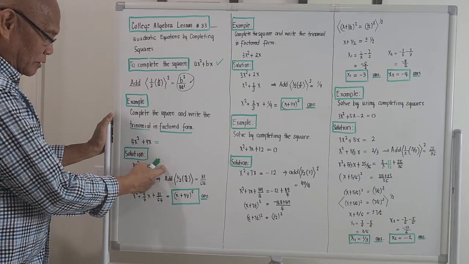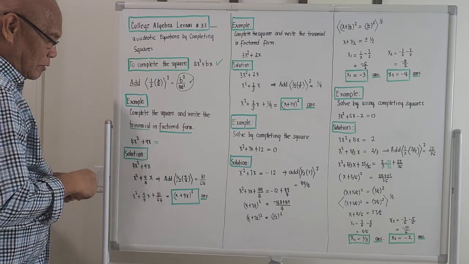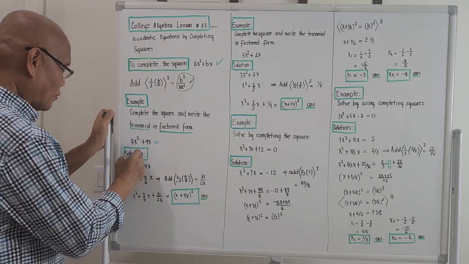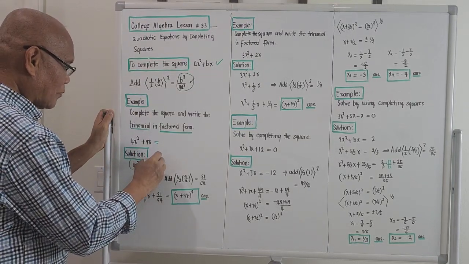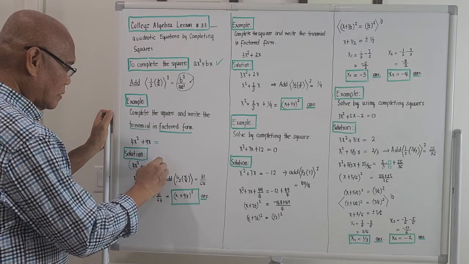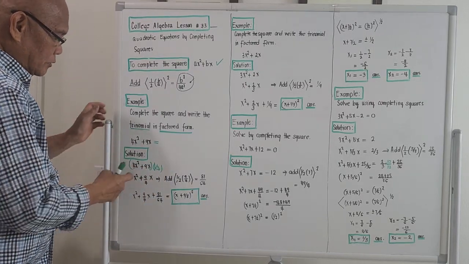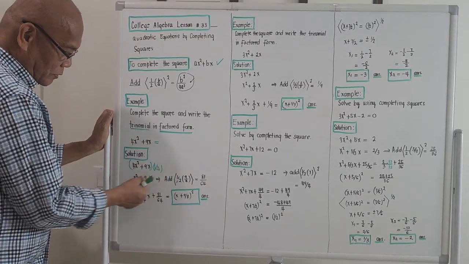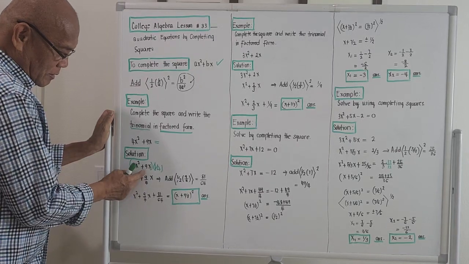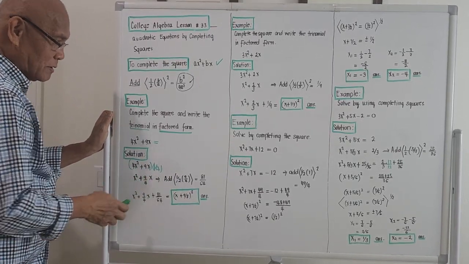So we divide all terms by 4, or we just multiply this by 1/4 to be more specific. Multiplication. So 4x squared times 1/4 will be x squared. 9x times 1/4 will be 9 over 4x.